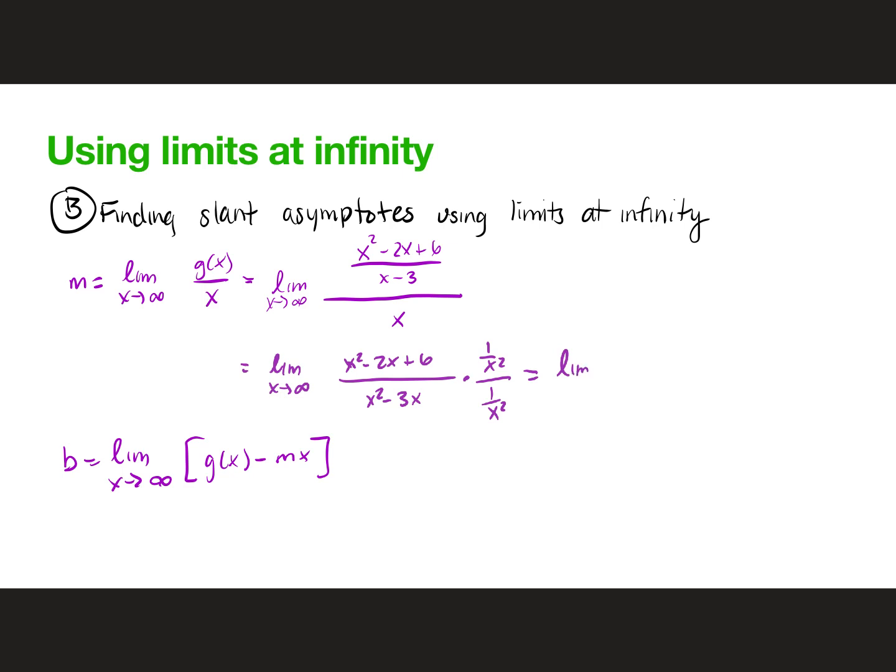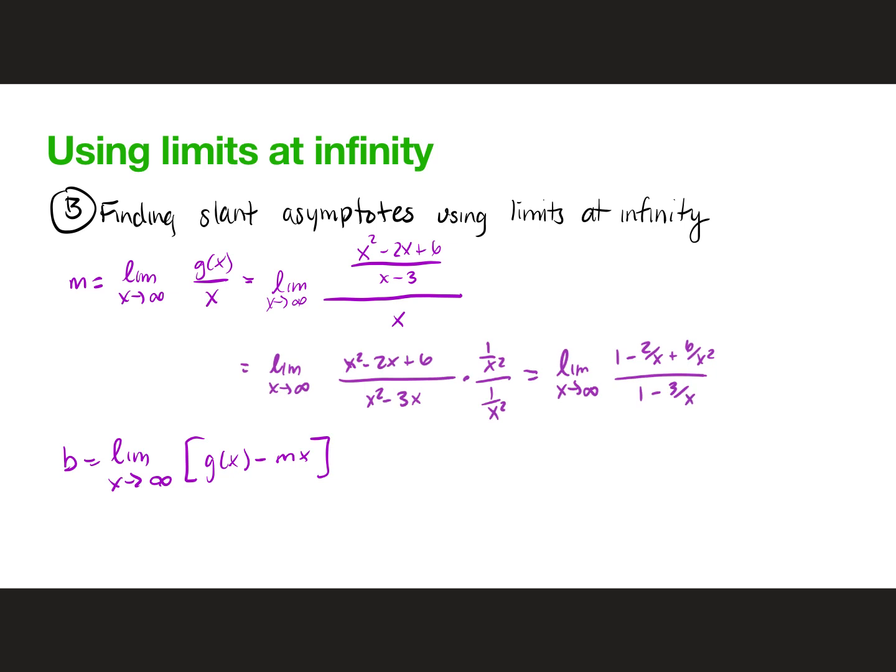And so distributing out that multiplication, what we're left with is 1 minus 2 divided by x plus 6 divided by x squared, divided by 1 minus 3 divided by x.